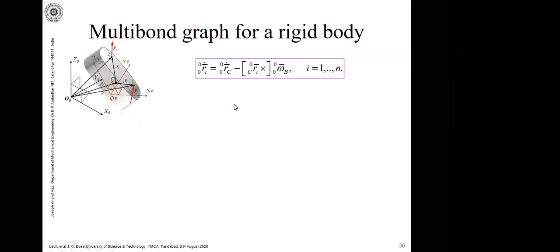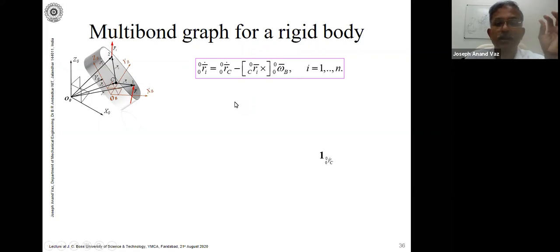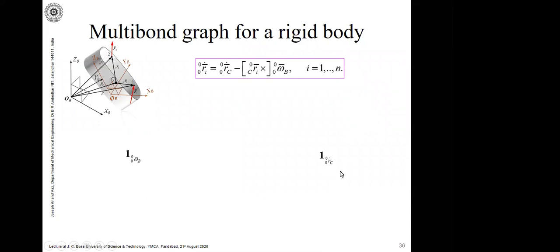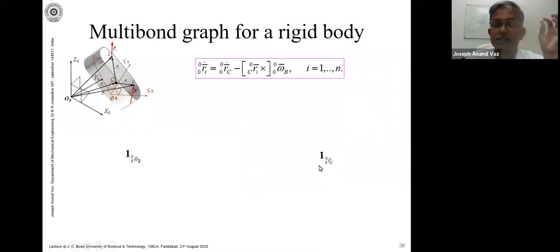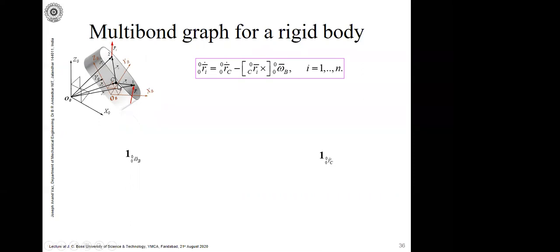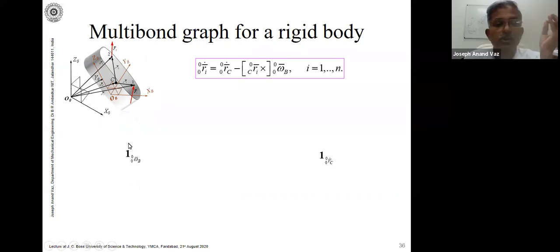So this is a kinematic relationship, and we represent it in bond graph using these two junctions. This one junction here represents the velocity of the center of mass. It's the translational velocity of the center of mass. We also have this one junction here, which is representing the angular velocity of this body with respect to the inertial frame.